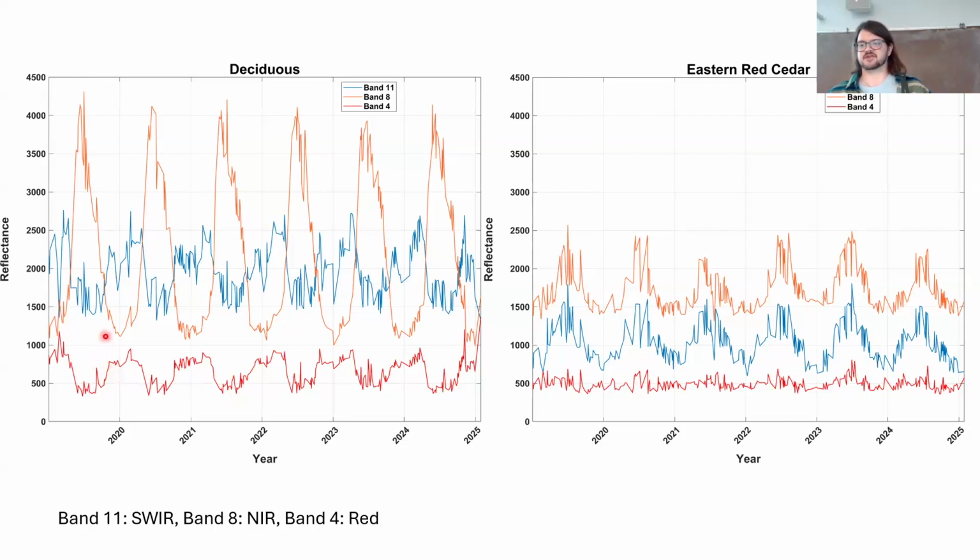This is the component of the NDVI and how we get those values in the previous slide. What is interesting is that, like a lot of vegetation, the deciduous trees reflect more shortwave infrared in the winter and absorb more of it in the summer. The red cedar have a fairly different pattern here.